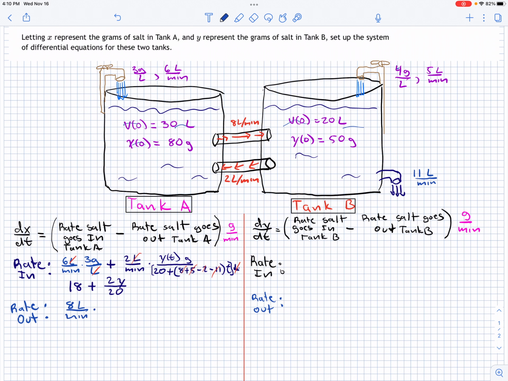multiplied by the salt in grams in tank A over the volume, which is going to just be 30, plus we know that stuff is going in at 6 liters plus 2 liters, and then going out at 8 liters, and that's time.